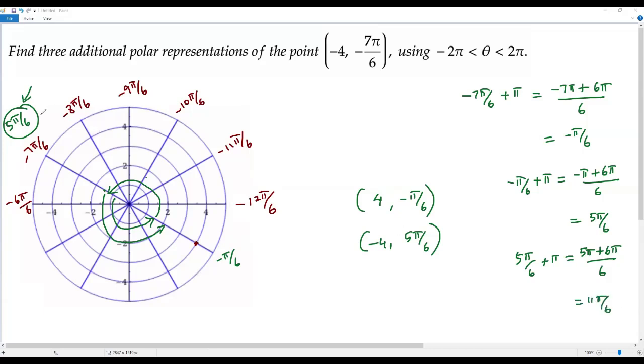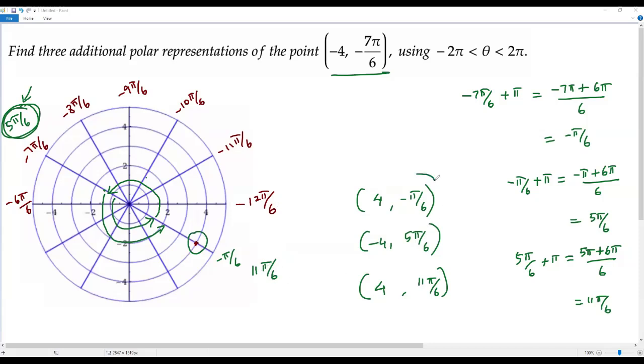So when I go from the terminal side of 5 pi over 6 by pi radians of distance, I reach the position 11 pi over 6. Now let me mark this angle measure here. Again, the radius is the same, 4 units. Should I take a negative or positive value? Clearly a positive value, because then I mark the point in the same direction as the terminal side of 11 pi over 6. So that's the location of the given point.